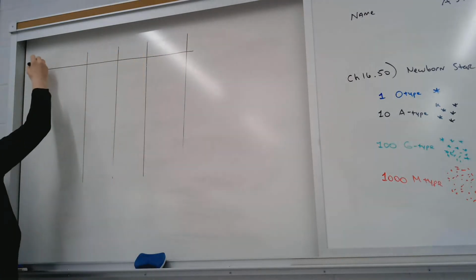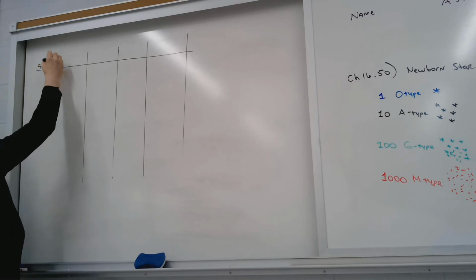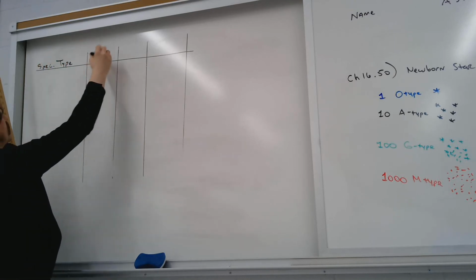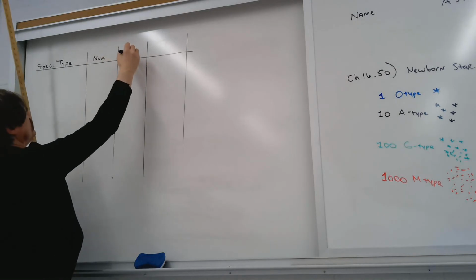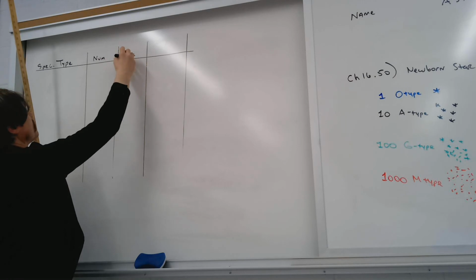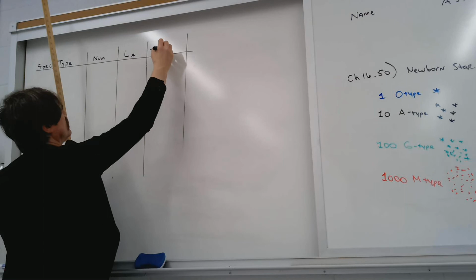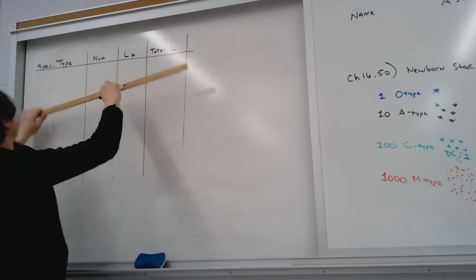So this is spectral type. This is the number. This is the luminosity per star. And this is the total luminosity.